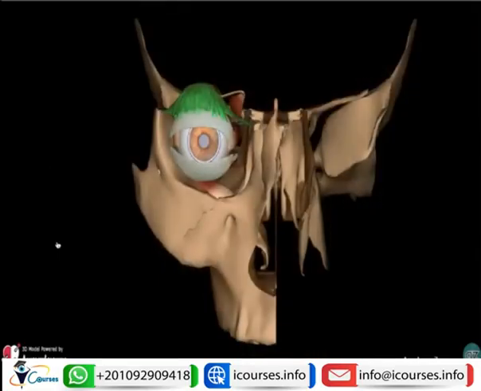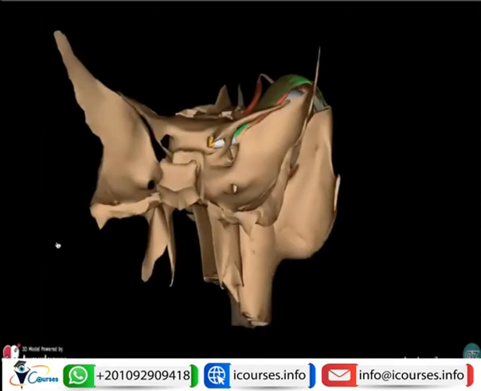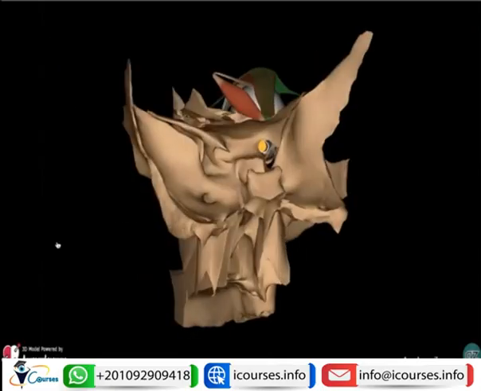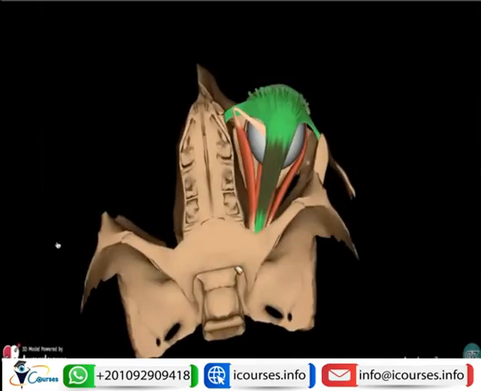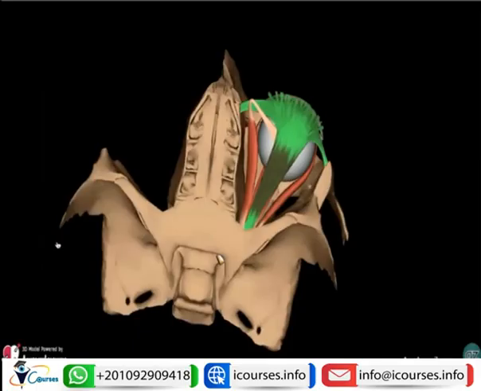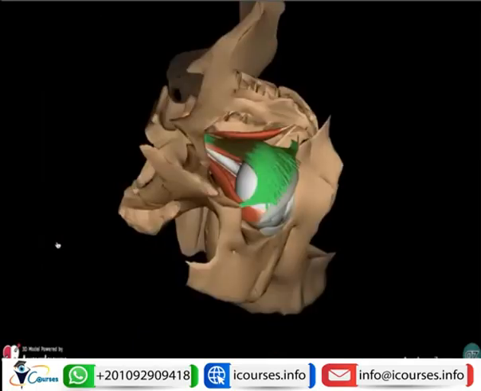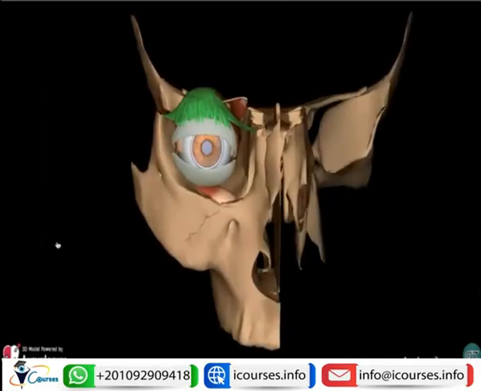Let's take a look now at the levator palpebrae superioris. This long name is the descriptive Latin name which literally translates as the elevator of the upper eyelid. The levator palpebrae superioris is the only muscle involved in raising the superior eyelid.